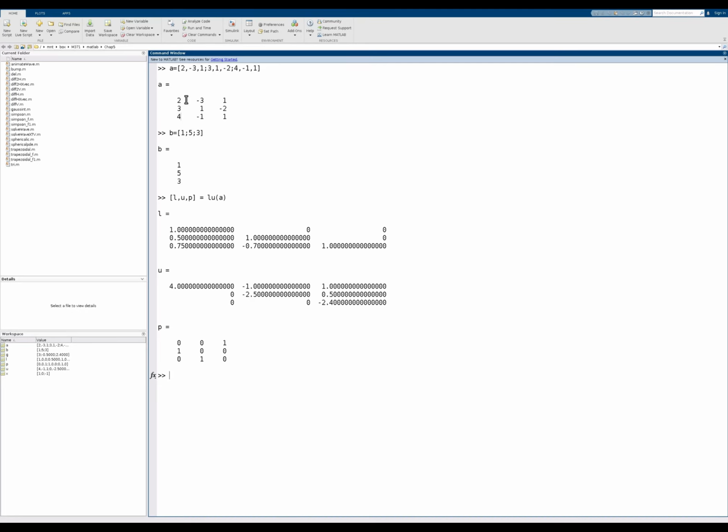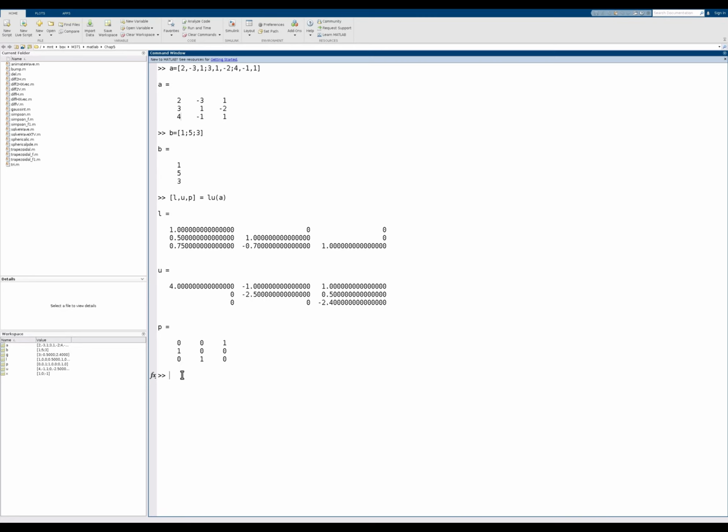I would have pivoted the third row with the second row. So that's what this represents. This means the first row got switched to the third row, and the second and third rows got switched maybe at a later stage. So anyway, there would have been pivoting if I'd been paying attention to that, but I wasn't.